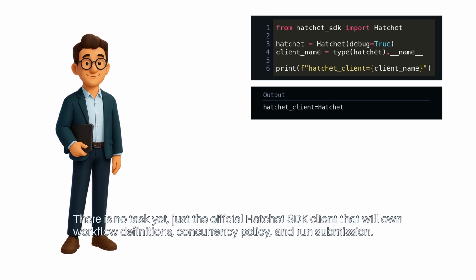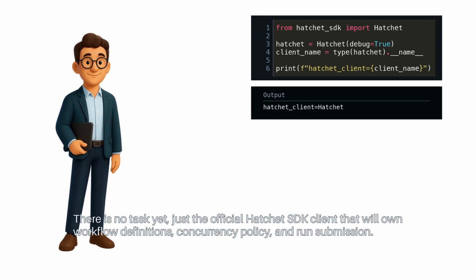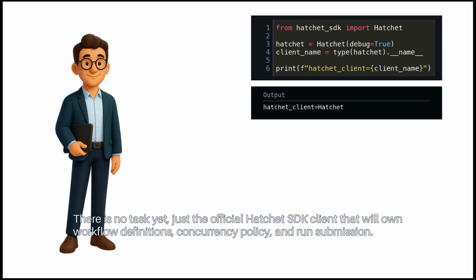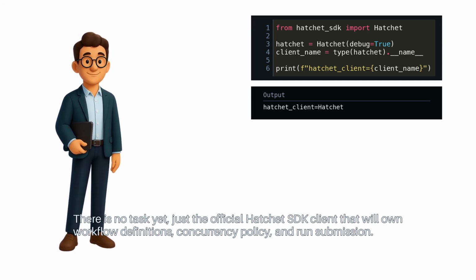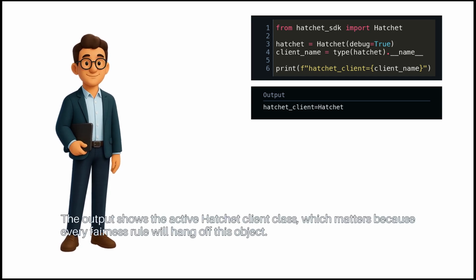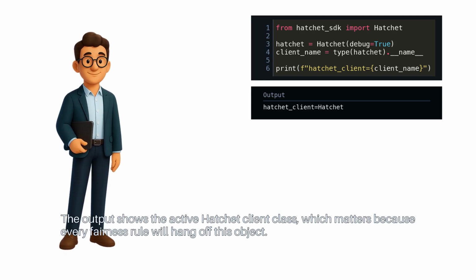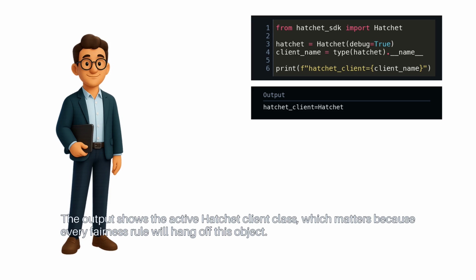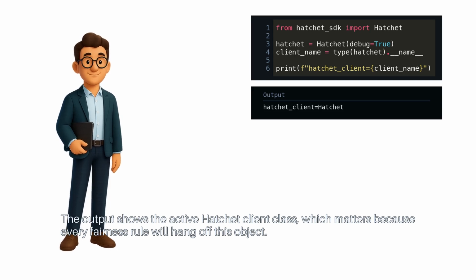There is no task yet, just the official Hatchet SDK client that will own workflow definitions, concurrency policy, and run submission. The client name check gives a tiny visible confirmation before we add scheduling rules. The output shows the active Hatchet client class, which matters because every fairness rule will hang off this object.